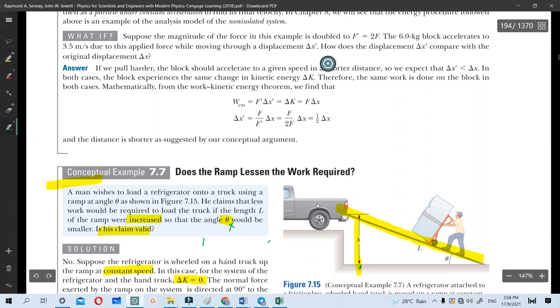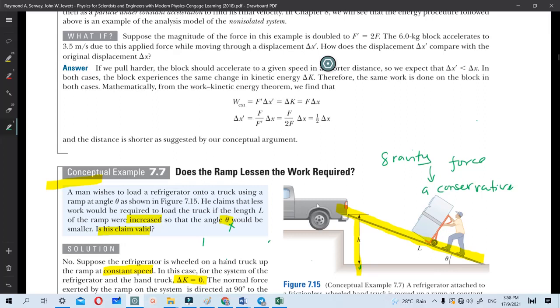This is the idea that work by gravity... Gravity force is a conservative force. In short, a conservative force does not depend on the path it takes.